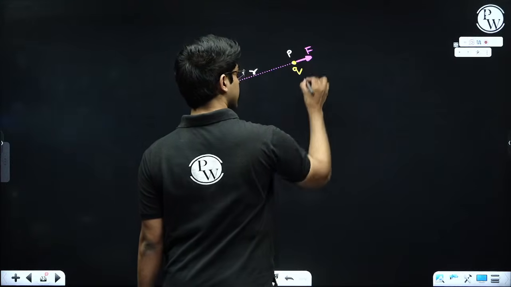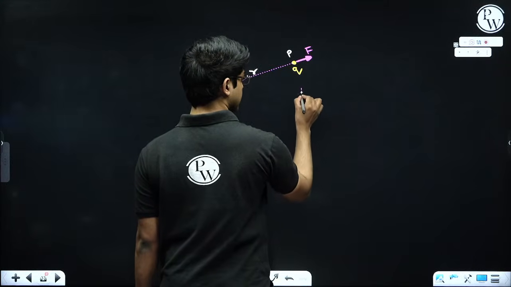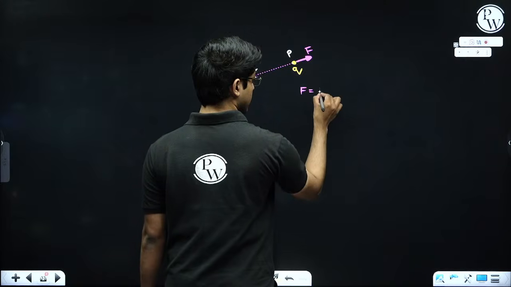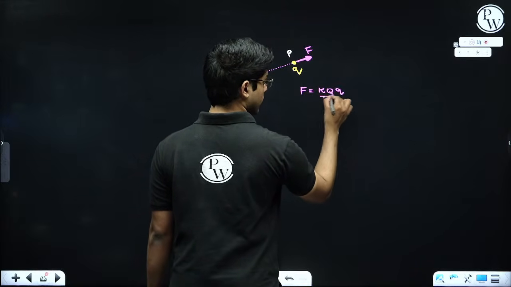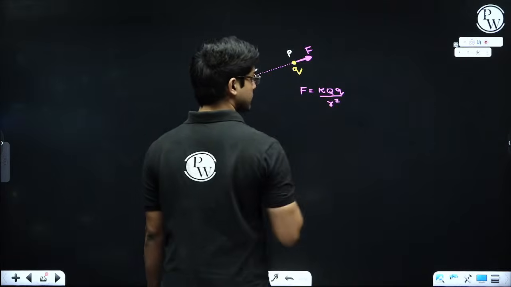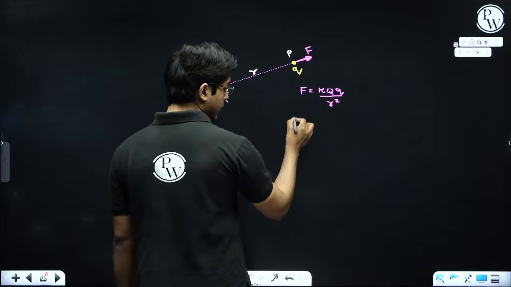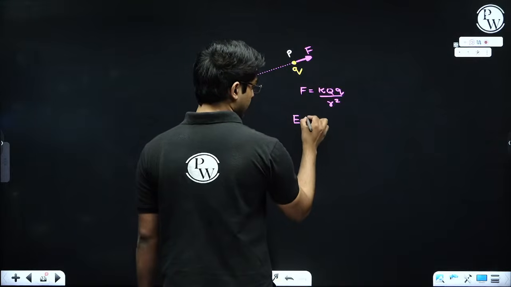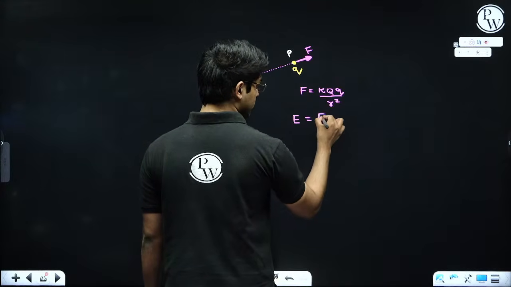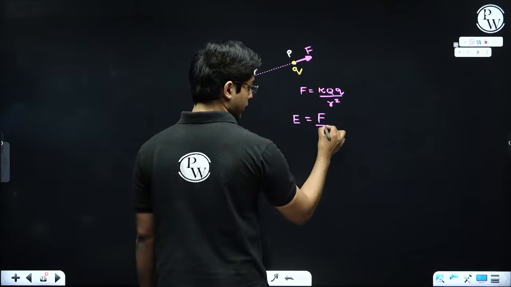And this force we can easily find. This force will be simply the Coulomb formula, K capital Q small q divided by r square. Then the electric field at that point due to capital Q is simply the force felt by this q divided by q.